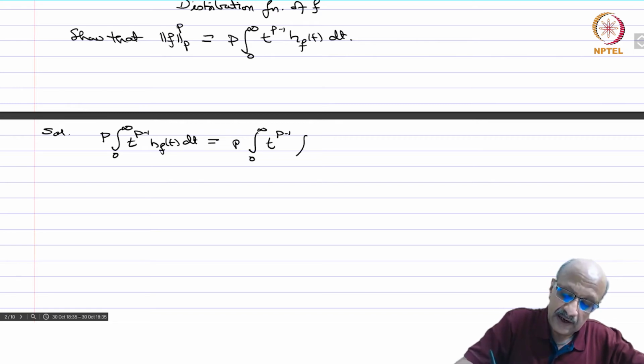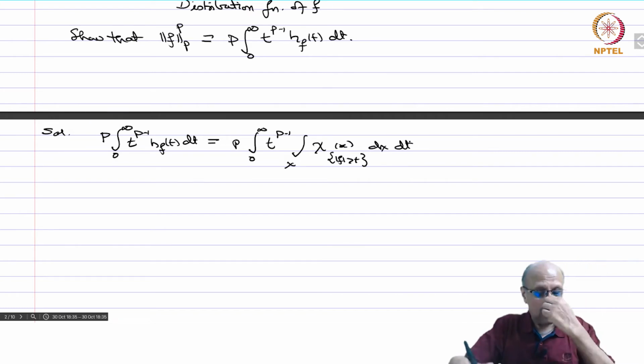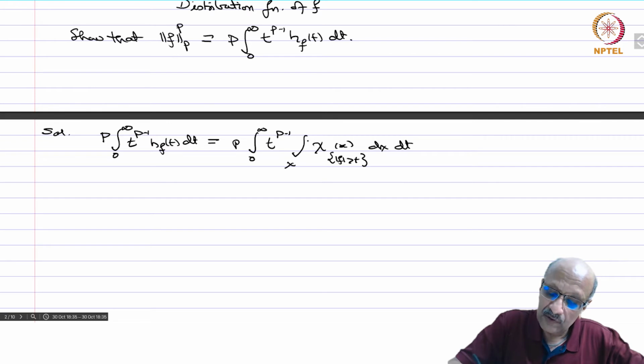So you can write it as the integral over X of the characteristic function of {|f| > t} at x, dμ(x), then dt. The integral of the characteristic function gives you the measure of the set, so this is precisely h_f(t). Now everything is non-negative, so we can interchange the order of integration without bothering about anything. So this is equal to p times the integral over X and then the integral over t, dt dμ.